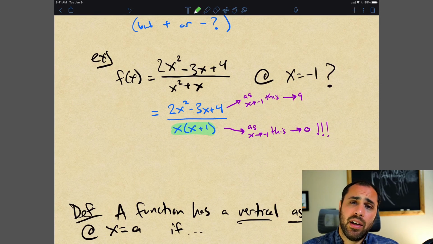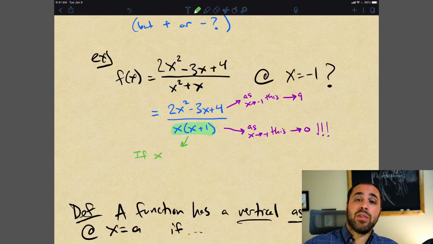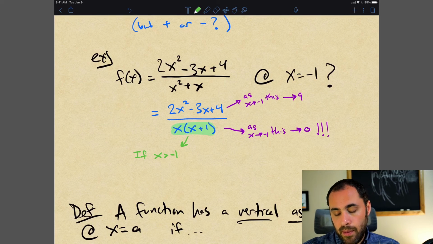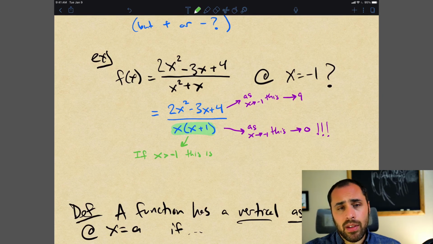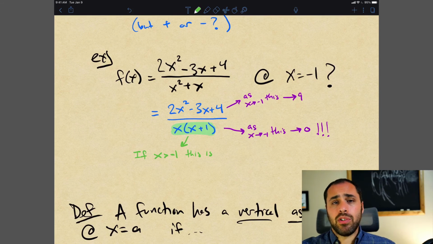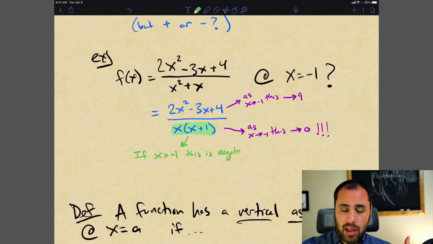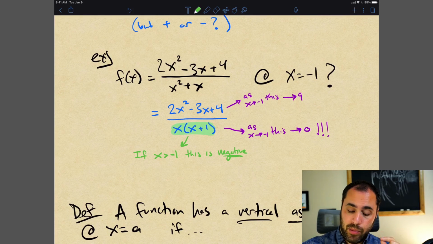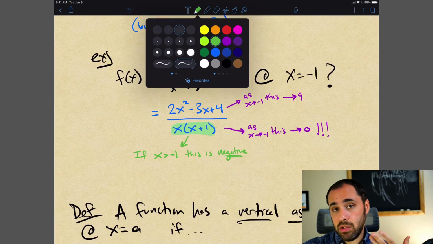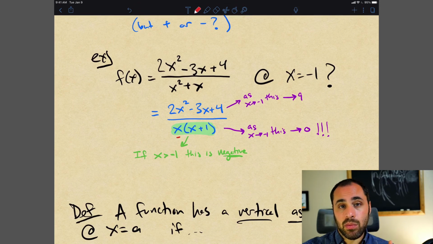And it turns out it's both. And we need to figure out from the right or from the left which is which. So we'll look at these two factors and ask, well, if x is bigger than -1, that is, if we're approaching -1 from the right on the number line, and we're close to -1, then x itself is close to -1, so it's a negative number, and x plus 1 would be bigger than 0, slightly bigger than 0.